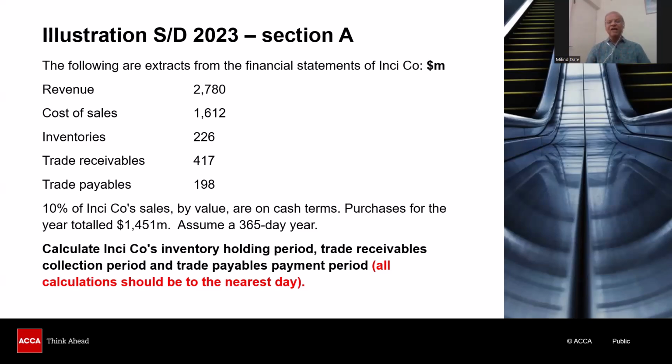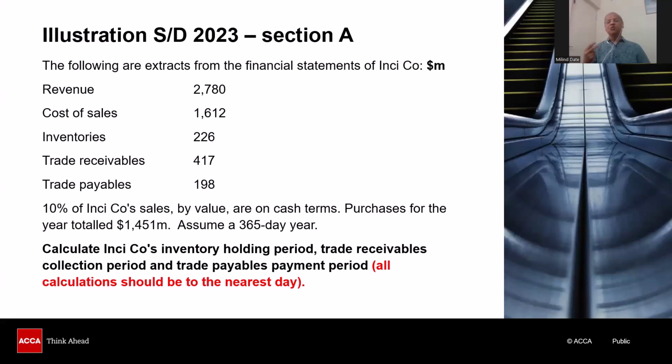Please make use of that. Just take, for example, when you're trying to calculate the inventory holding period, it is simply dividing the value of the inventory by the cost of goods sold per day.